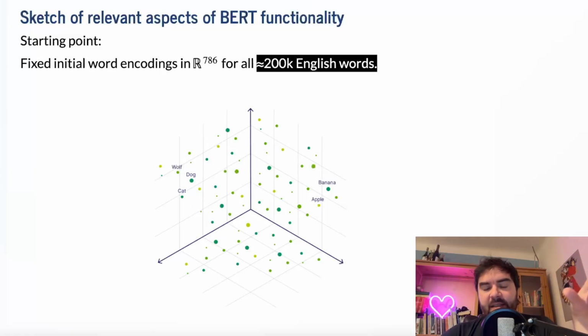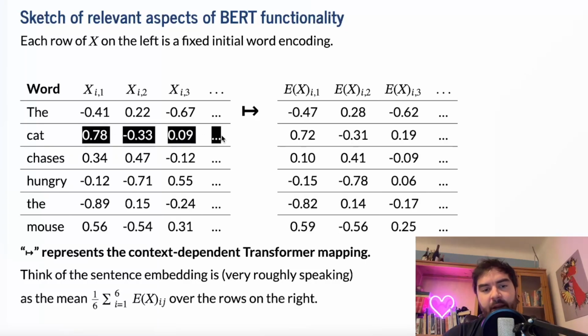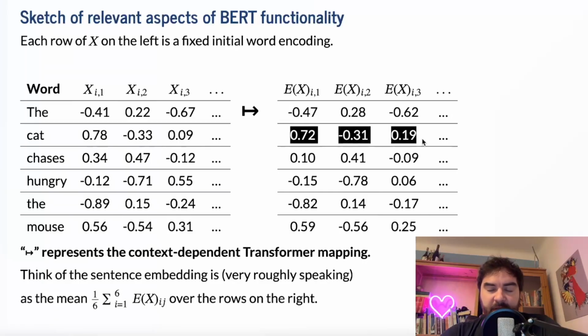But this initial embedding obviously is not all we want. We have a bunch of words, for example the word cat, which is embedded at the start as this 800 dimensional vector, 800 floats. And then the transformer action maps it to another vector in the same dimension, as per my explanation here.